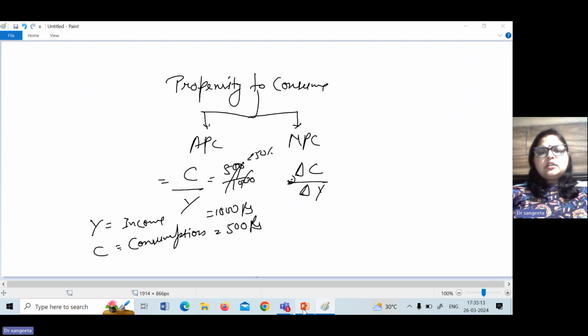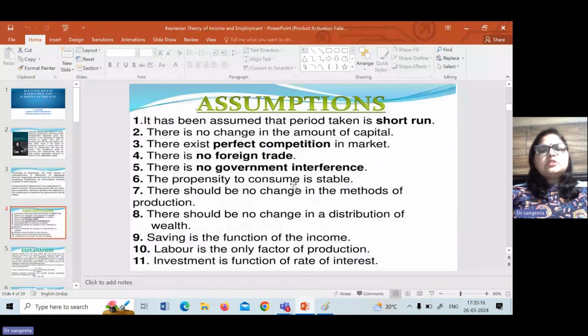So Keynes explained that the propensity to consume in the short term period is stable, and there should be no change in the methods of production. The technique of production is stable. We do not change any technique of production during this time period. There should be no change in the distribution of wealth among different sectors like private, primary, secondary, and tertiary sectors. And saving is a function of income.